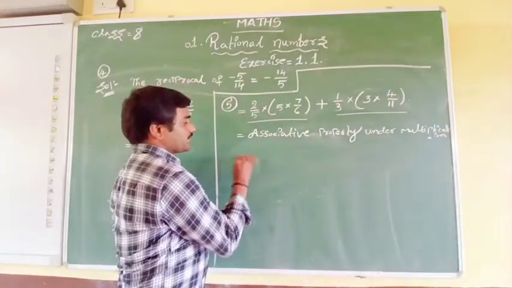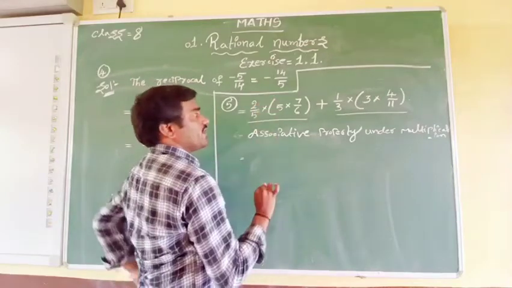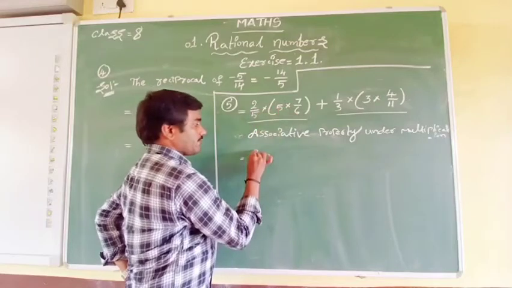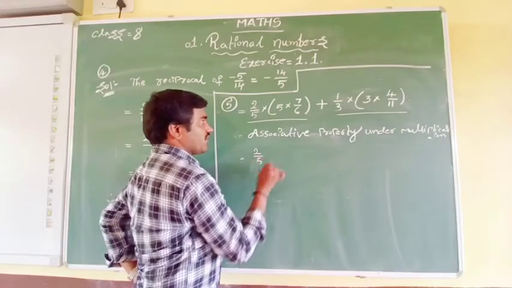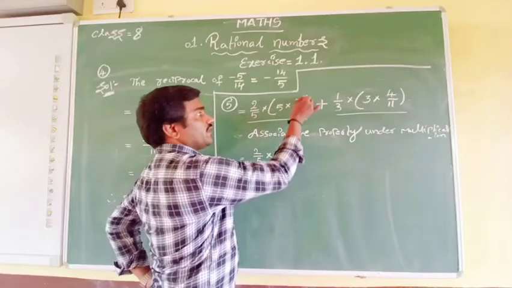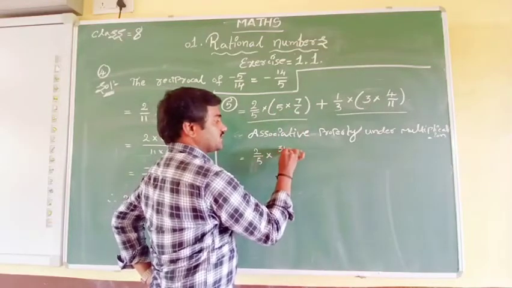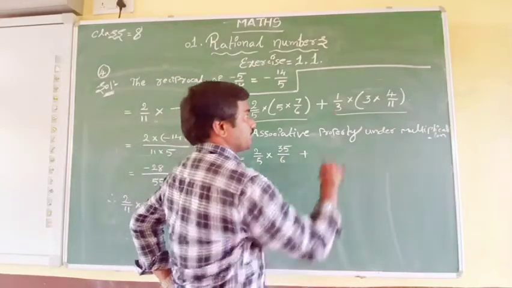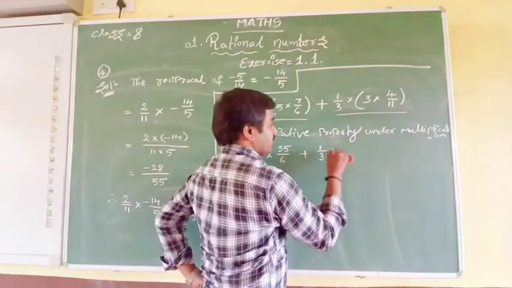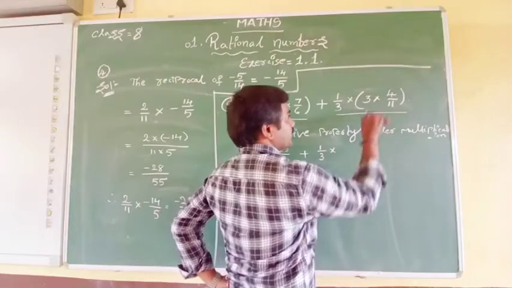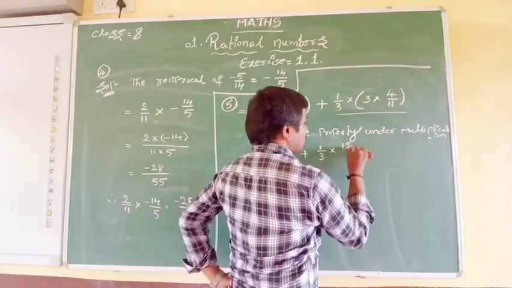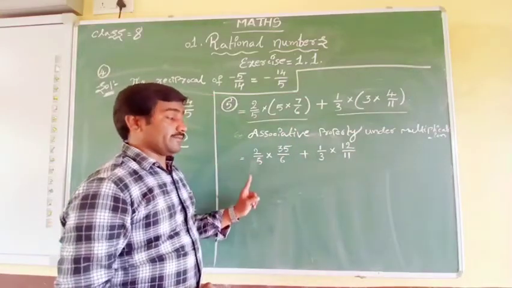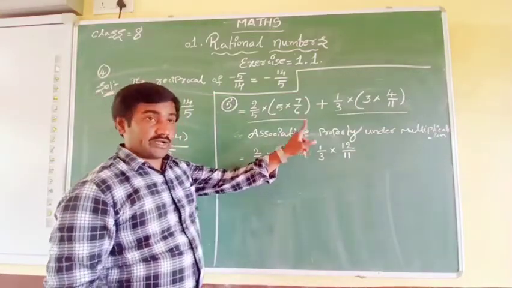Let us solve that. 2 by 5, let us first simplify this. 2 by 5 into 5 into 7, that is 35 by 6, plus here 1 by 3 into 3 fours are 12 by 11. Again I can use the associative property under multiplication.